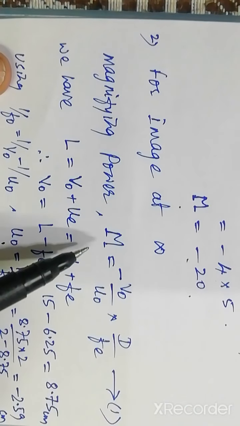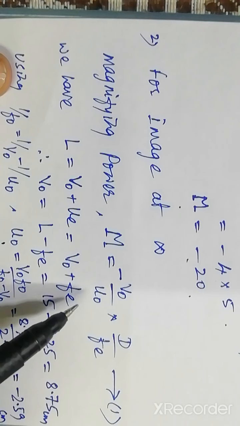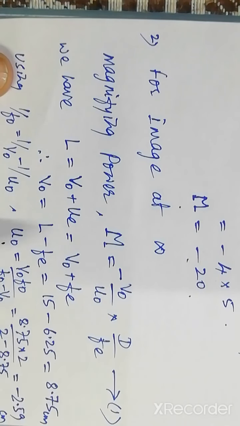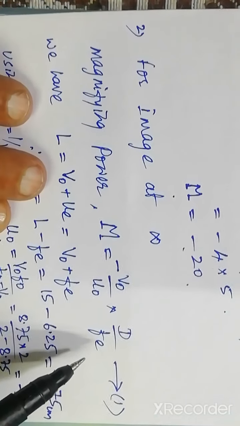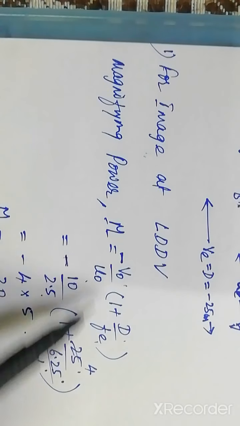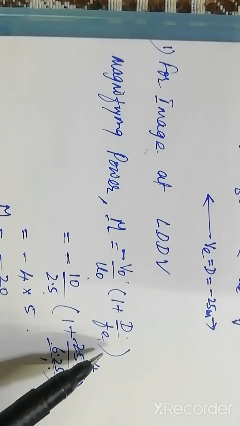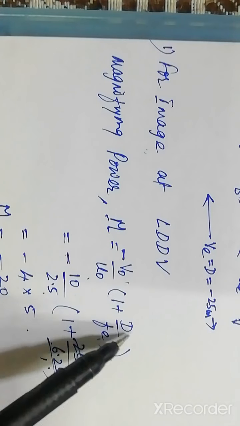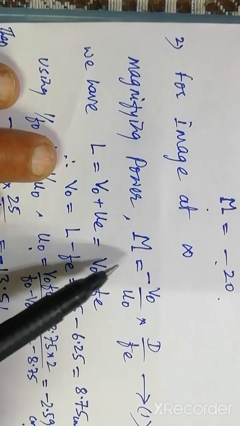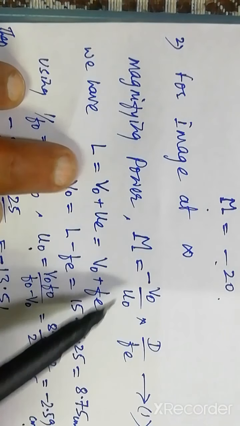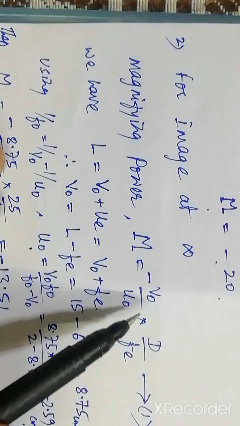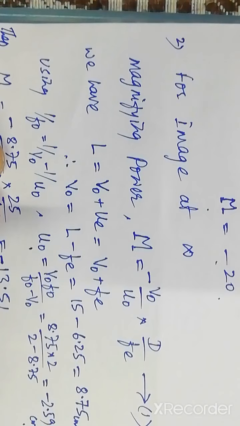Magnifying power M equals minus VO by UO into 1 plus D by FE. This is the formula for final image to be formed at least distance of distinct vision, whereas magnifying power for final image to be formed at infinity is just minus VO by UO into D by FE.